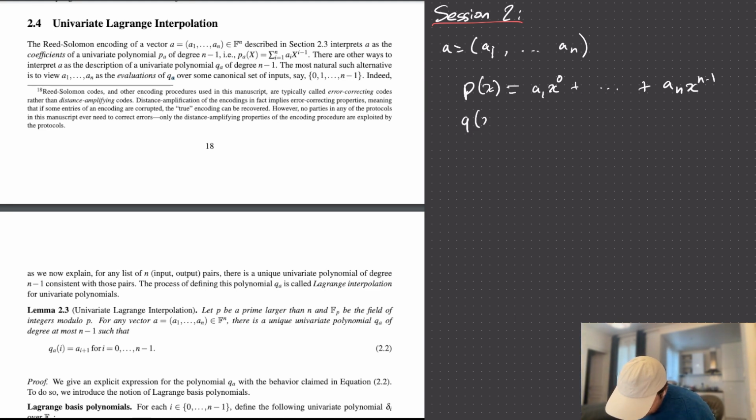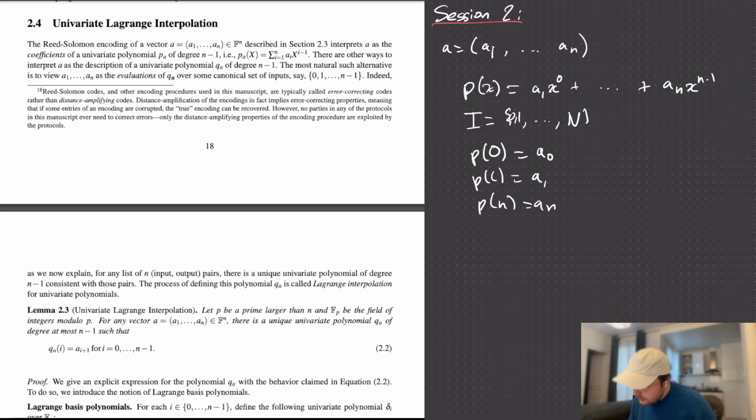But they're saying you can also have a set of inputs, 0, 1, until n minus 1, and you will do P of 0 equal a0, P of 1 equal a1, until P of n minus 1 equal the last entry.